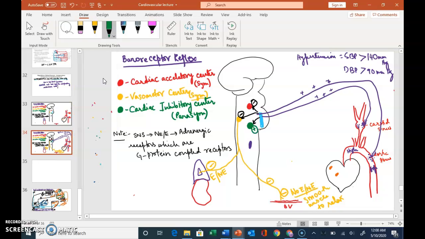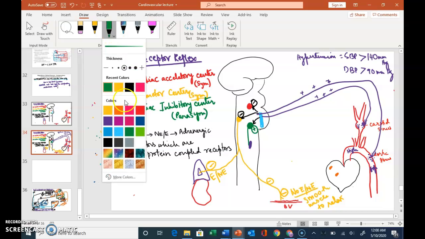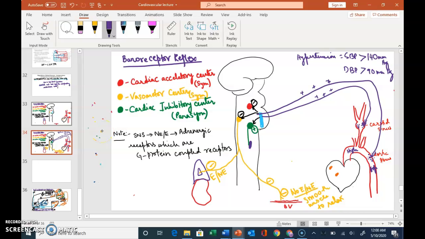Now what will happen? The cardiac inhibitory center will send out motor neurons, and these specifically innervate the SA node and AV node. I want you to understand one thing. In case of hypertension, the myocardium is innervated by the parasympathetic pathway. So this is parasympathetic, right?